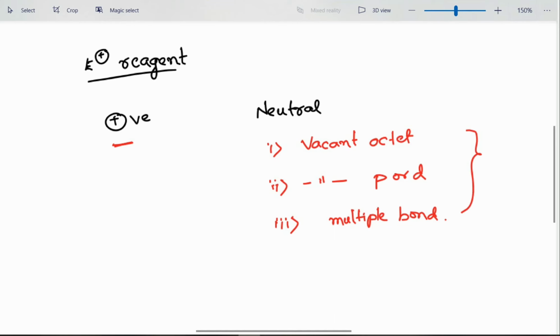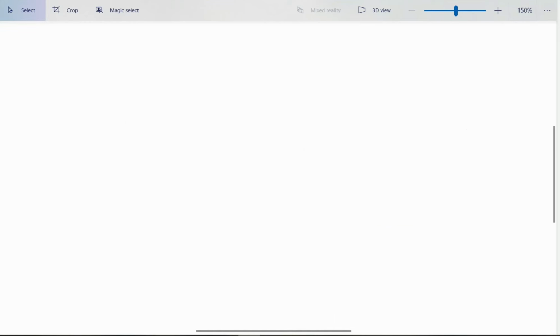Okay, so now let us look at nucleophilic reagents. How does a nucleophilic reagent work and how does it attack?